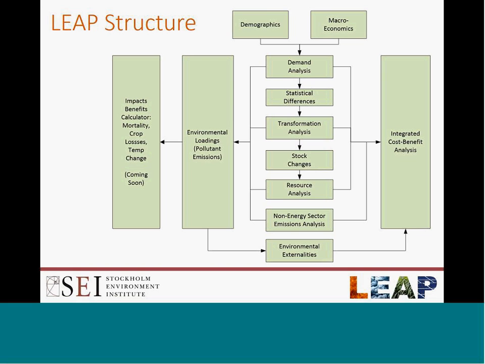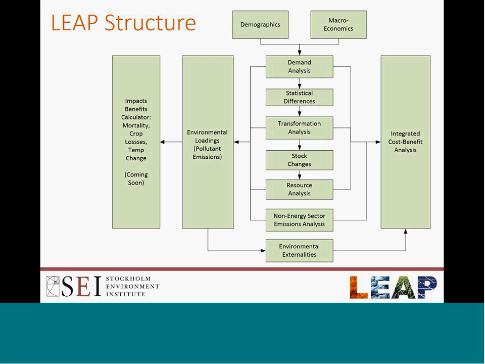With more details about the structure of LEAP, I won't go into it in a lot of detail, but I'll just mention a couple of things. The main spine of LEAP, you can see coming down the middle here. It's a demand-driven calculation. You start with LEAP by building energy demand analysis, looking at where you're consuming final energy in the energy system of your country.